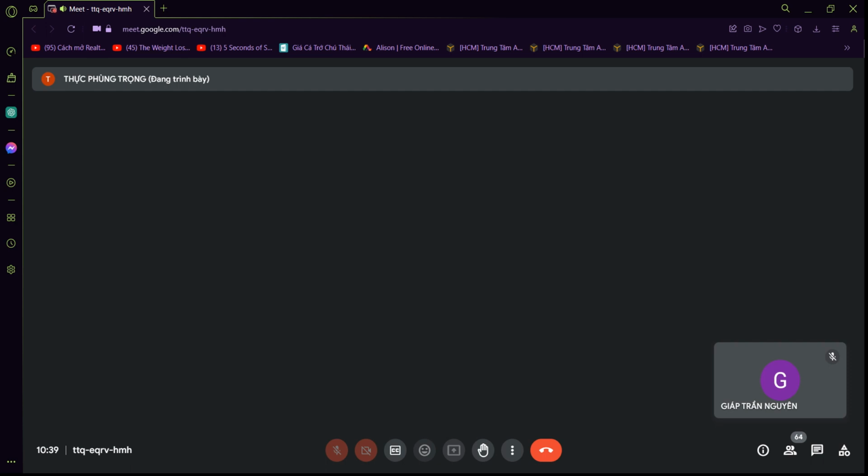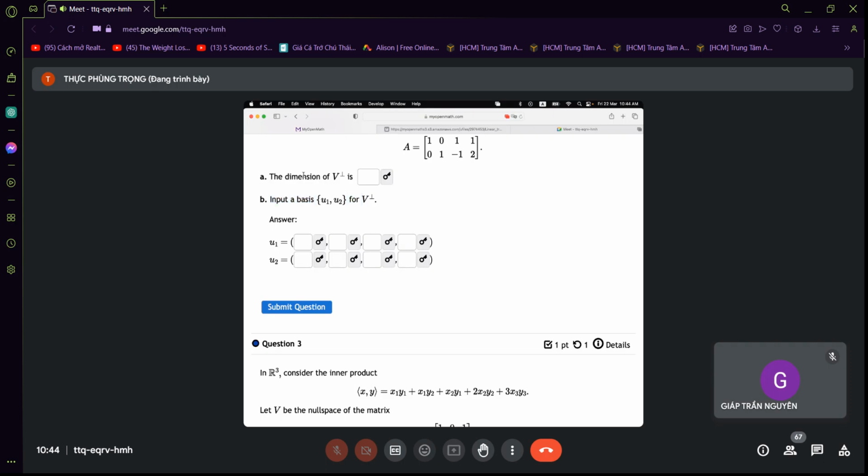You only need to input a correct basis, but for this one we don't have a unique answer. How to do this? In the first part we don't need to do anything, we just apply some formulas. But now we need to do some computation in order to get a basis.